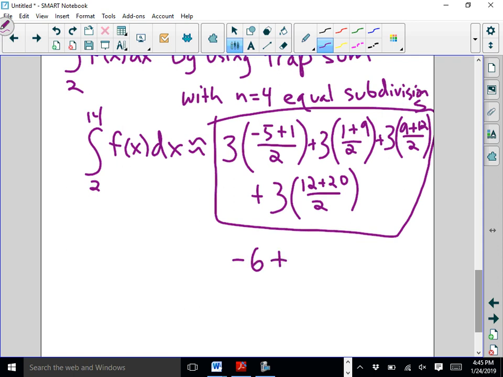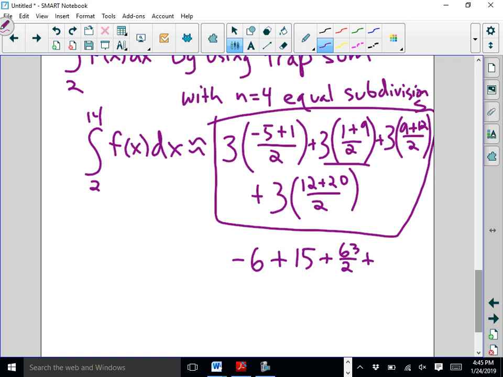Okay? I'm just evaluating each piece here. Plus 9 plus 12 is 21. 21 over 2 times 3 would be 63 over 2. Plus the average of 12 and 20 is 32. 32 divided by 2 is 16. 16 times 3 is 48.